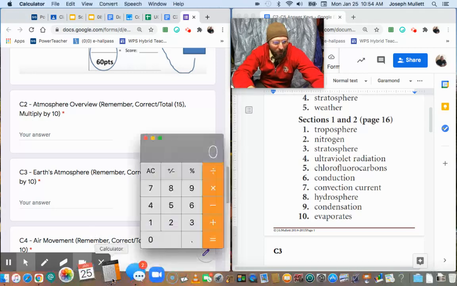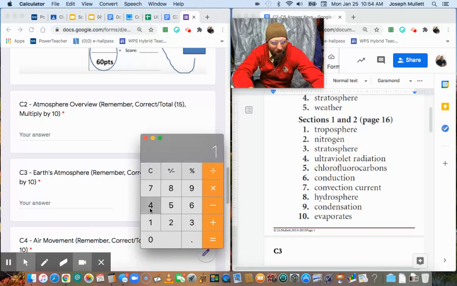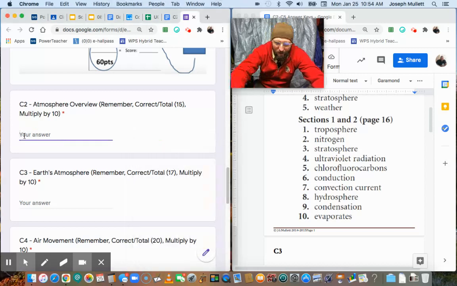So I grabbed the calculator. The student had 14 out of 15. I hit the equal symbol, and I multiply that by 10. And you'll notice there it's 9.333 repeating. So I would type on this line here 9.3, and that's plenty fine. You don't need to go too many decimal points there. And that's what you would need to do for each worksheet, okay?